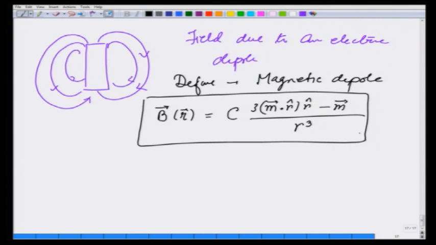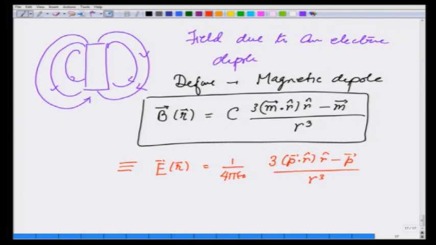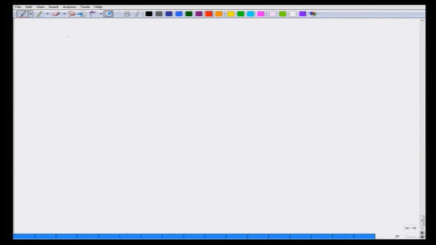This is in parallel with the way we defined electric field for an electric dipole, which was 1 over 4 pi epsilon 0, which I am representing by C for the case of magnetic field, times 3 p dot r r minus p over r cubed. So, that is one.